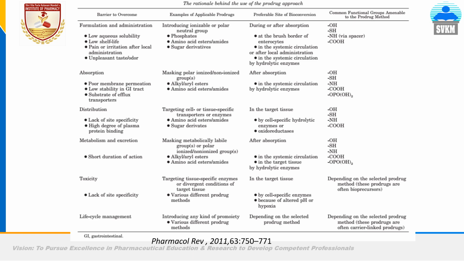What are the different challenges associated with the parent drug that we overcome using the prodrug approach? In formulation and administration, there are various issues like low aqueous solubility, low shelf life, irritation and pain at the injection site or local administration site, unpleasant taste, odor, poor membrane permeability, GI irritability, and efflux. Also, when we give the normal drug, there is lack of site specificity, lack of distribution, and very low duration of action.